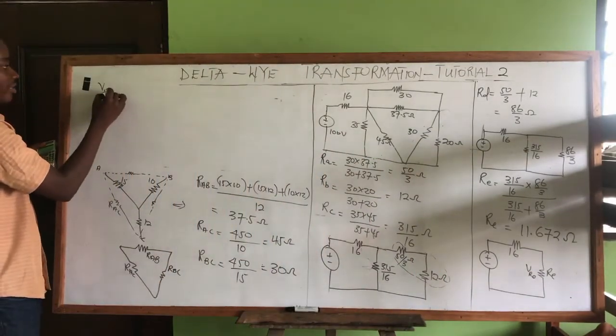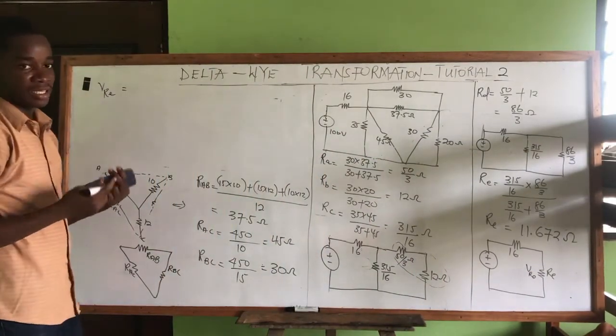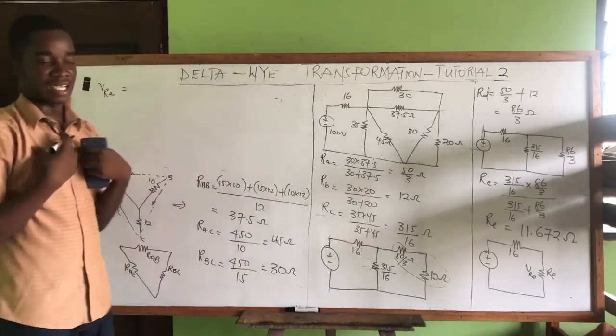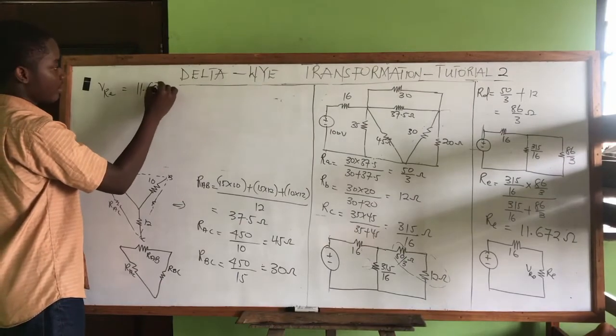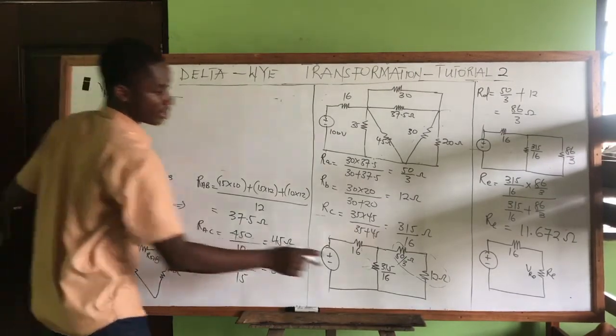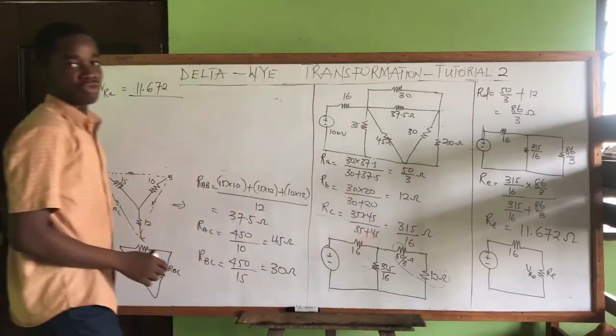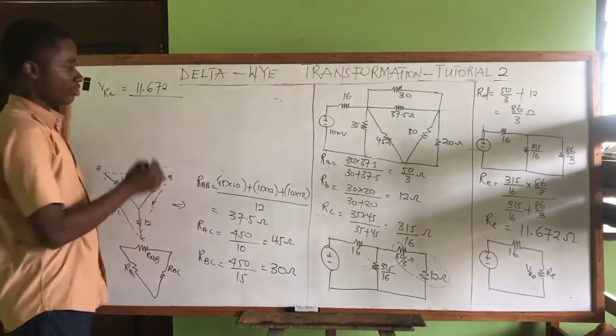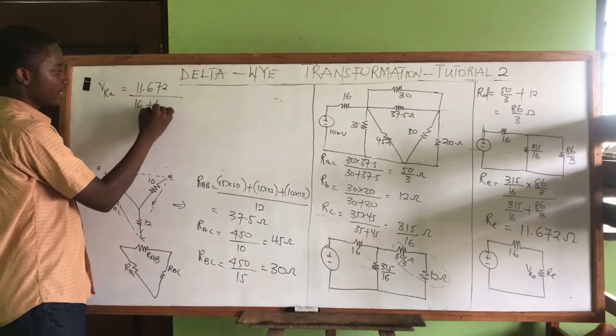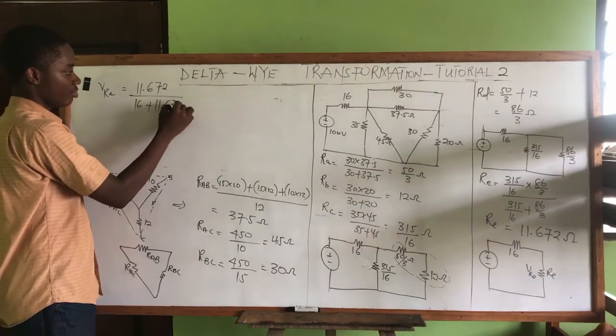If you remember voltage divider, if I want my voltage, it is my resistance. So it is RE, which is 11.672 over the sum of those two resistors sharing that voltage. So I have 16 plus 11.672.